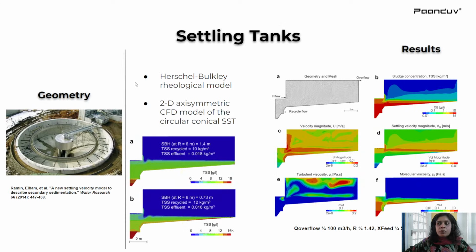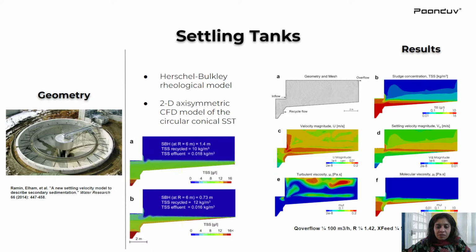Now coming on to the primary treatment section, which is the clarifier, where the settling velocity of these systems becomes very important. Up to what we were modeling, we were taking water as a Newtonian fluid, but in this case, when you have a lot of impurities and sludge in water, the viscosity changes with change in shear rate.